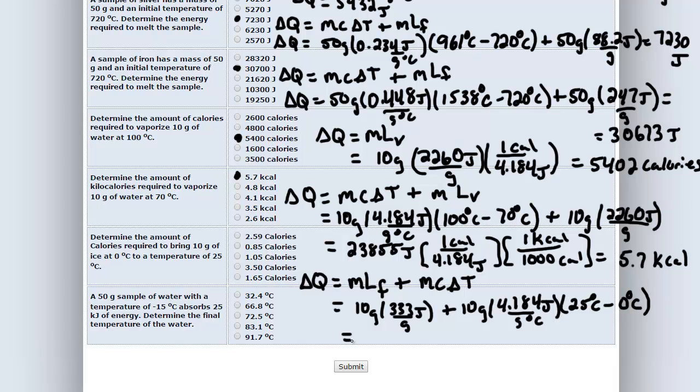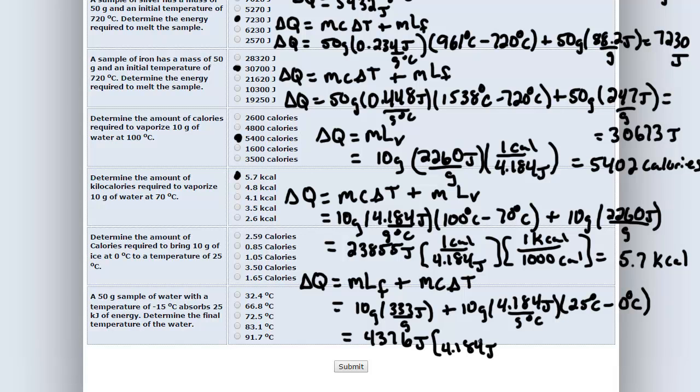We get 4376 joules. And our question wants to know calories. You'll see that it is a big Calorie, a capital C. So that is a kilocalorie. So we have to remember that.